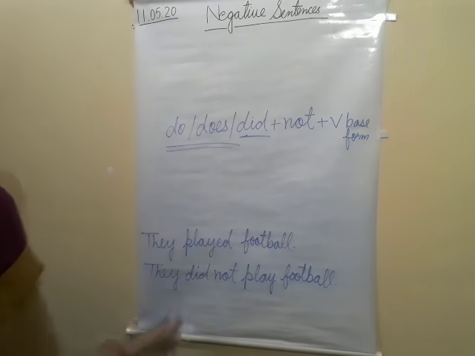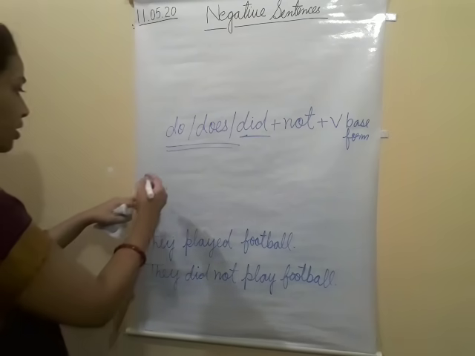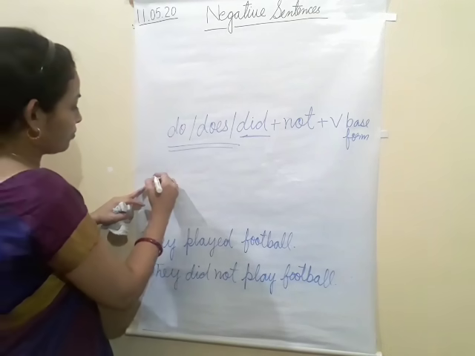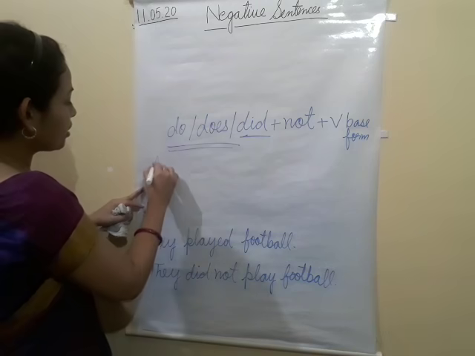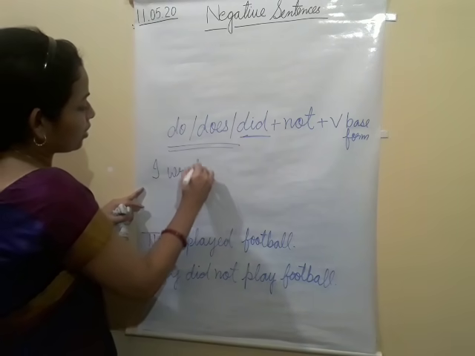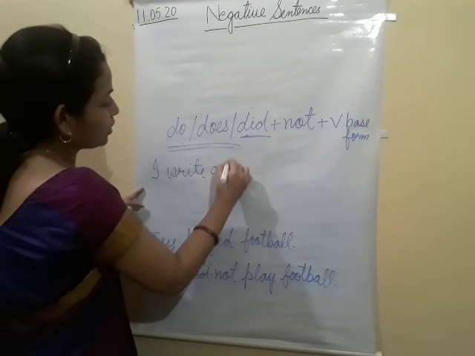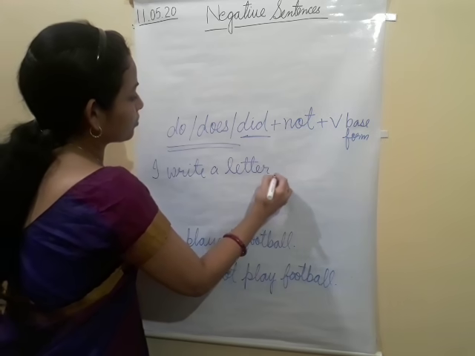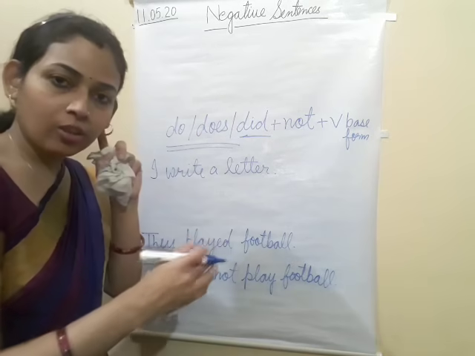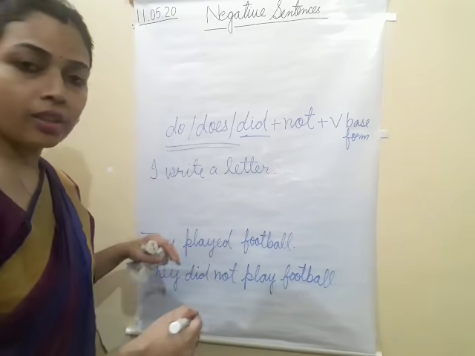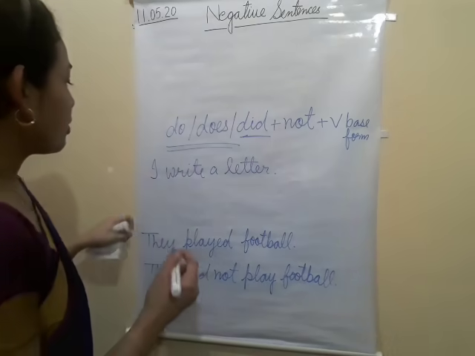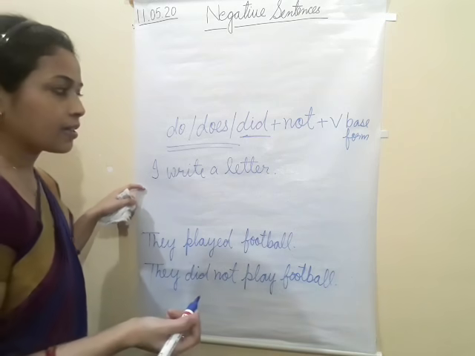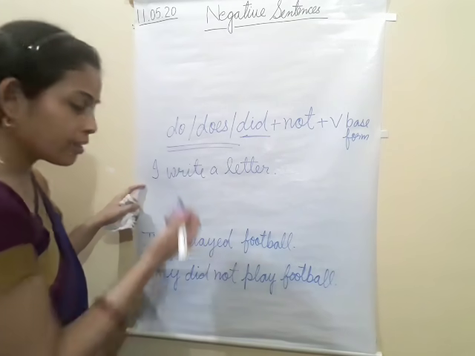One example I am writing here of simple present and simple past. Already I have written one simple past example, so I will write a simple present example here. You can revise it, recall what we studied in the previous video. I write a letter. This is the example of simple present tense.